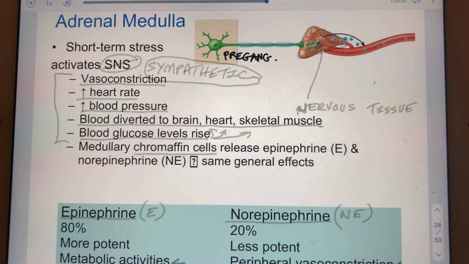I'm making a mess. Okay, and then at this scale, if we're going to see the entire adrenal gland, we can't actually see the neurons that are in the adrenal medulla. Okay, so nervous tissue. So in other words, the postganglionic neuron would actually belong to the adrenal medulla.